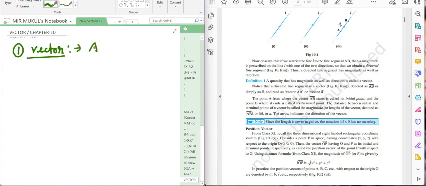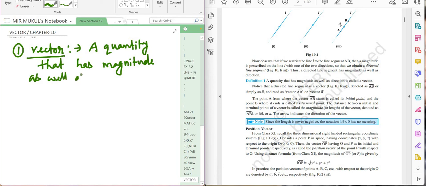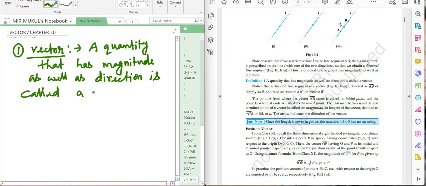So a quantity that has magnitude as well as direction is called a vector.